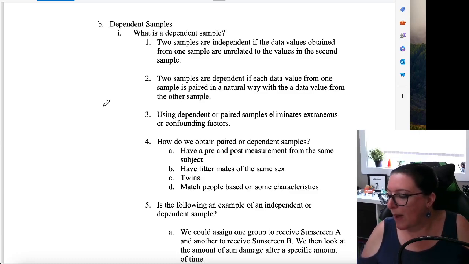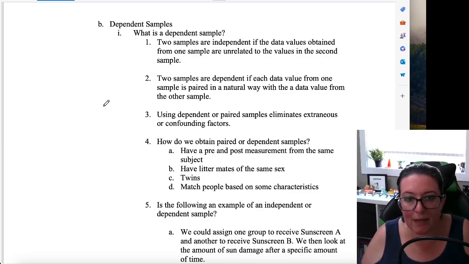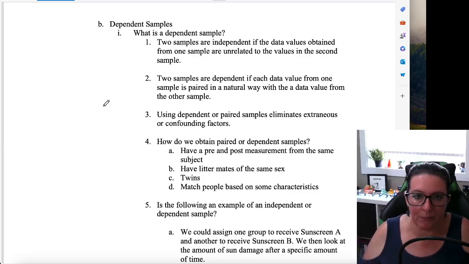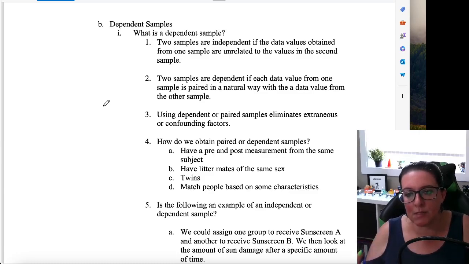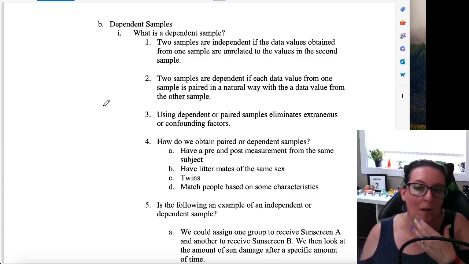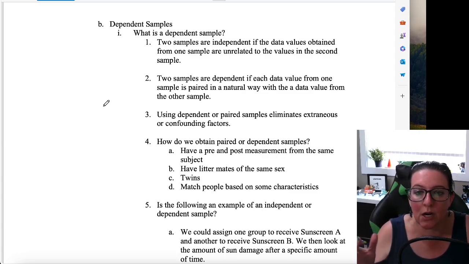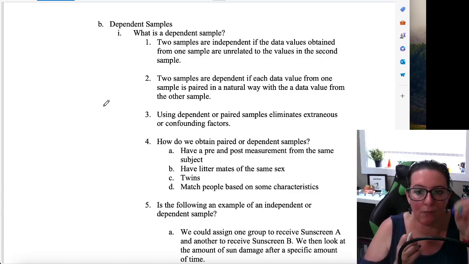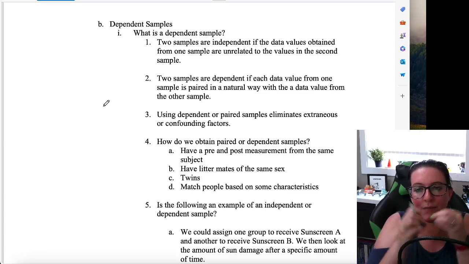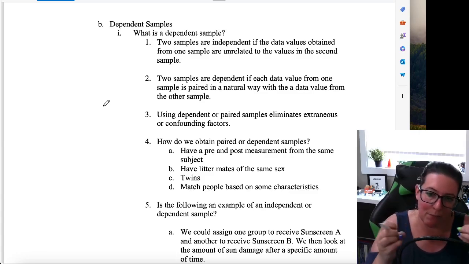Okay. How do we obtain paired or dependent samples? Well, if it's the same people in both, there's some kind of pre and post assessment. We could have litter mates of the same sex. So if we're doing testing related to animals, for example, we can take a litter and we could have one male from that litter in one group and a male in the other. Well, then they have the same genetics and background, the same family, right?